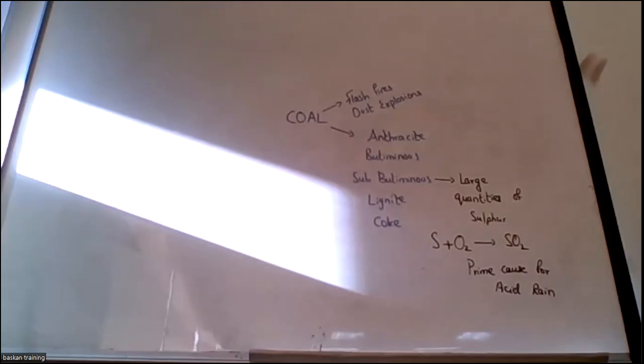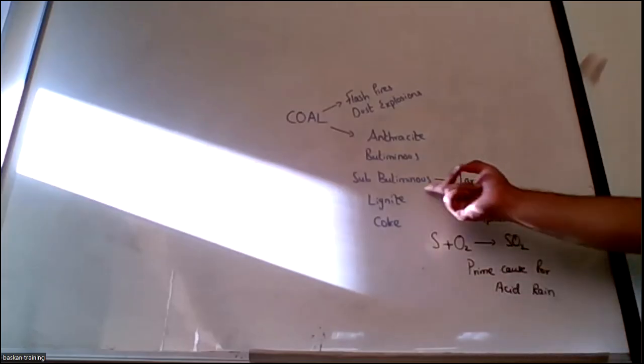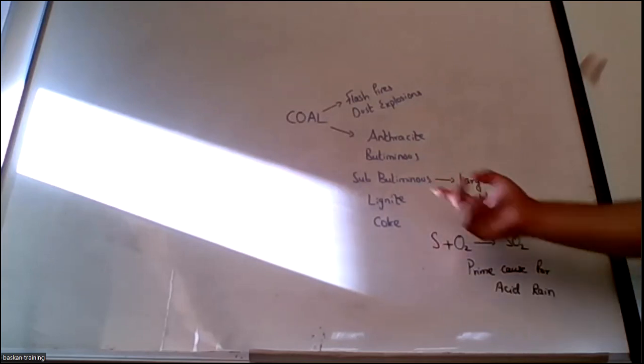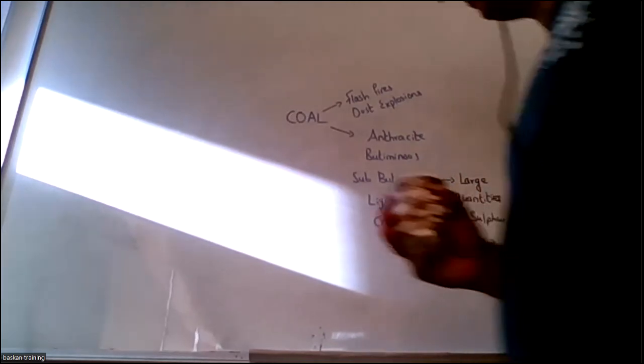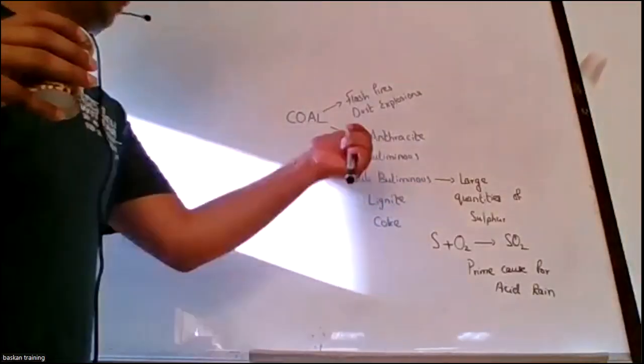Sulfur reacts with oxygen, gives sulfur dioxide, which is the prime cause of acid rain. So indirectly it is subbituminous type of coal. A question can go the other way around also. That's why we are discussing the types of coal.